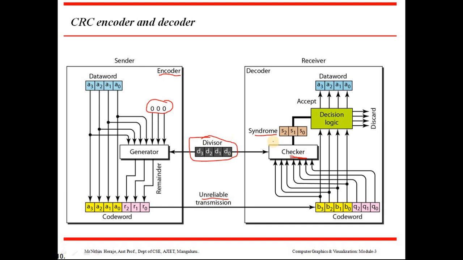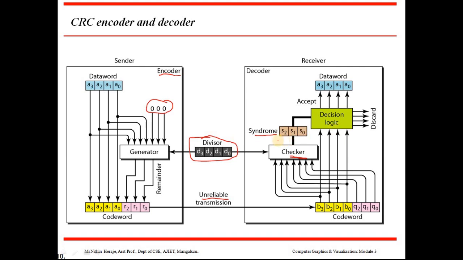A 3-bit syndrome is nothing but a remainder, and this syndrome is passed to the decision logic to decide if the received data word has to be accepted or rejected.